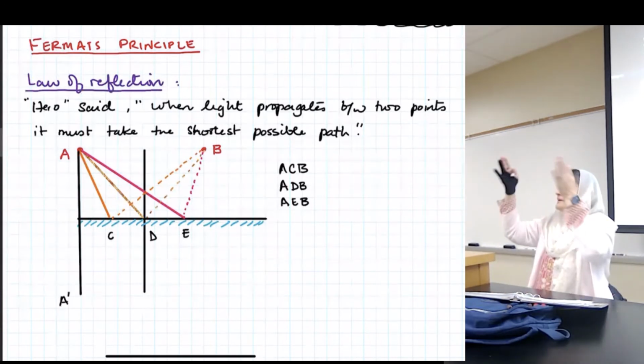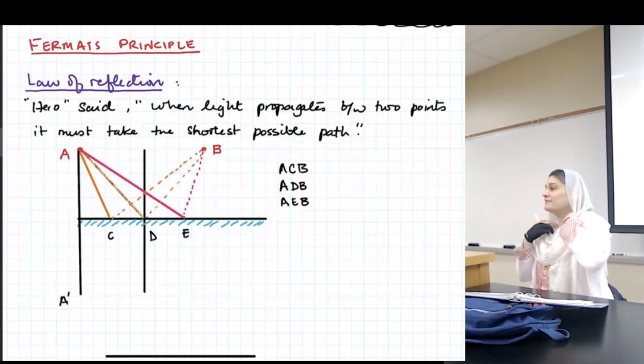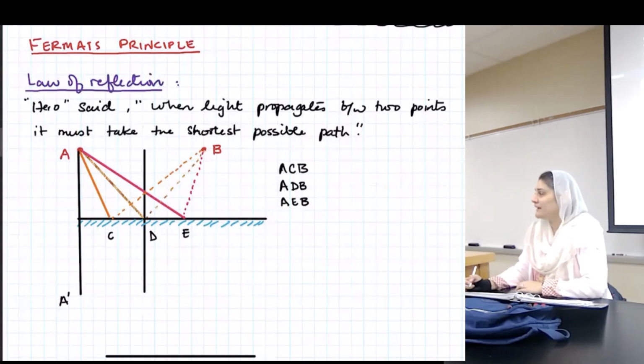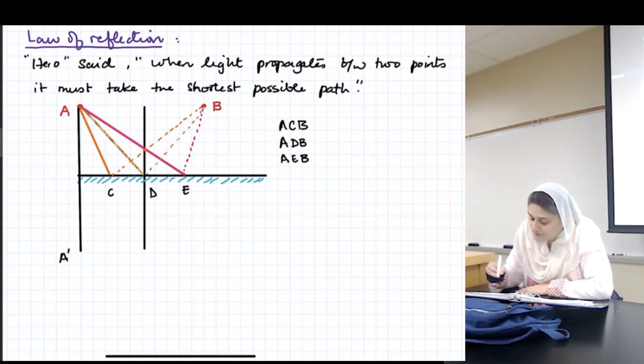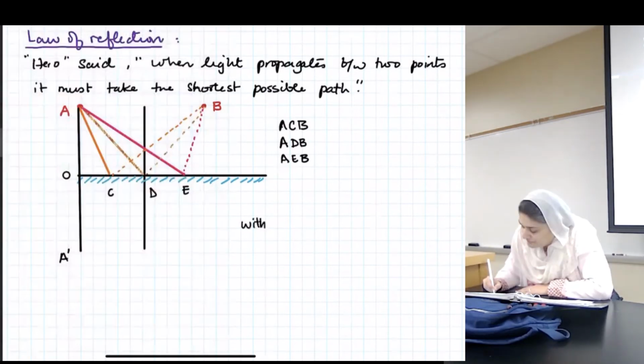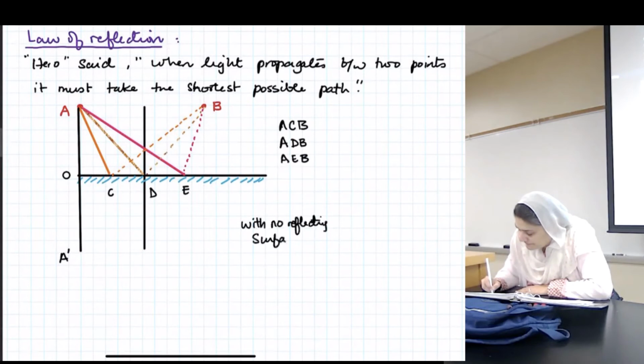And of course, everywhere. But I'm only talking about this one ray. This is the ray it will take, right? So I'm going to call this surface O. And I'm going to say no reflecting surface. Light will take path A, O, A prime.